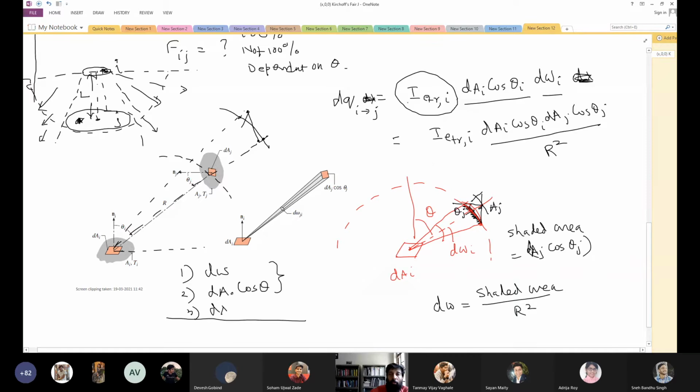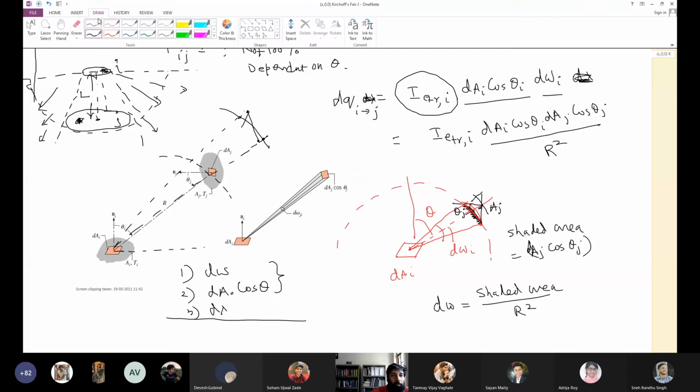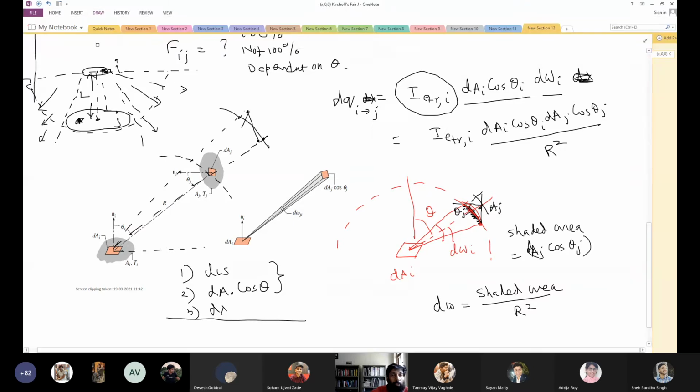So let us write d lambda and then integrate. I think that will be easier.